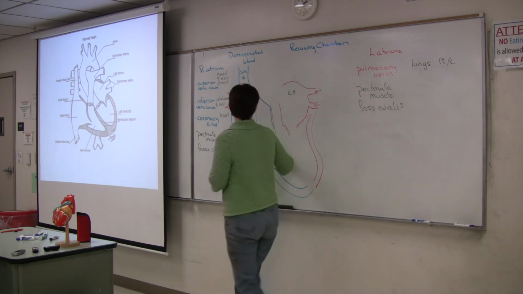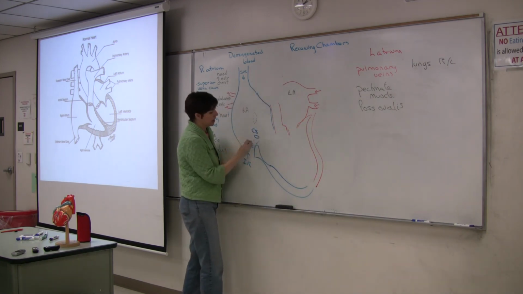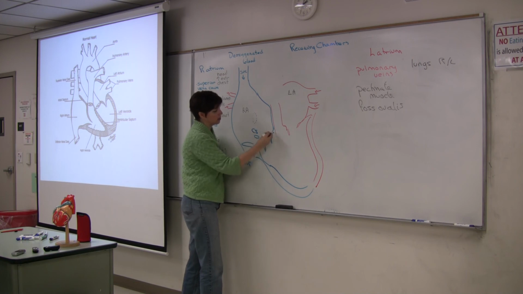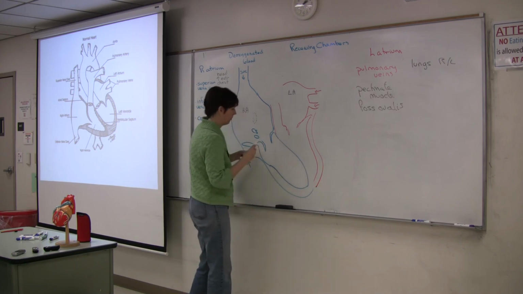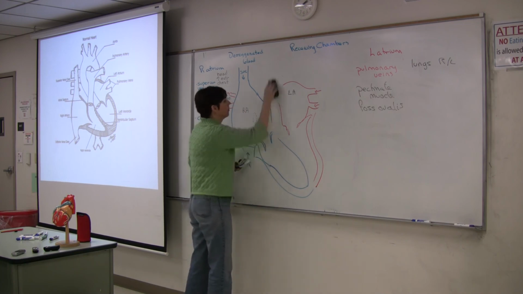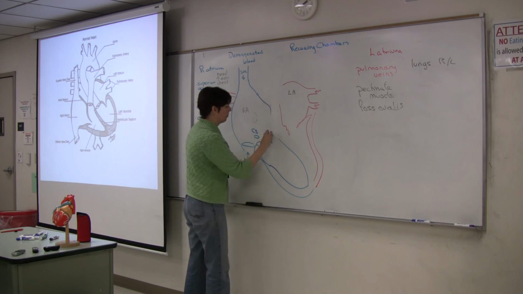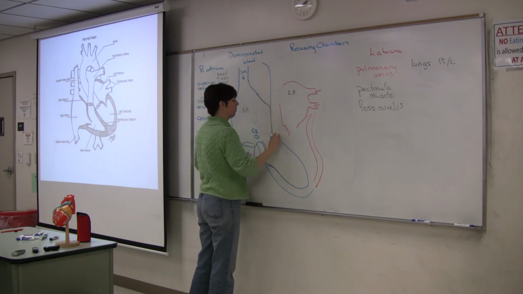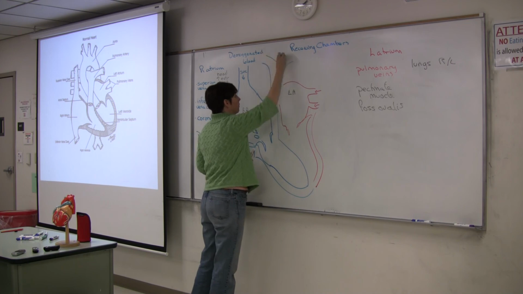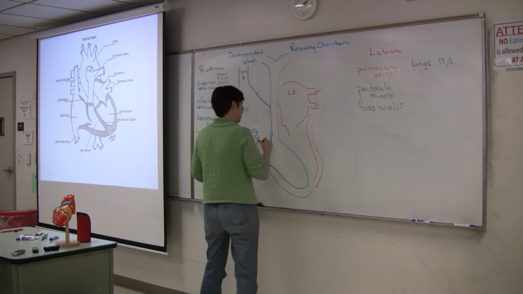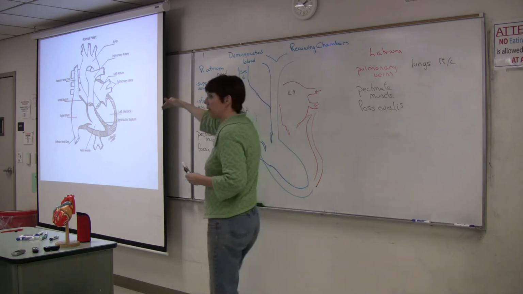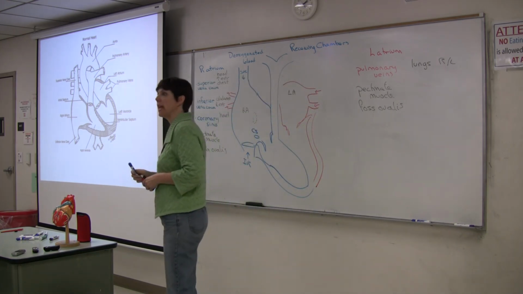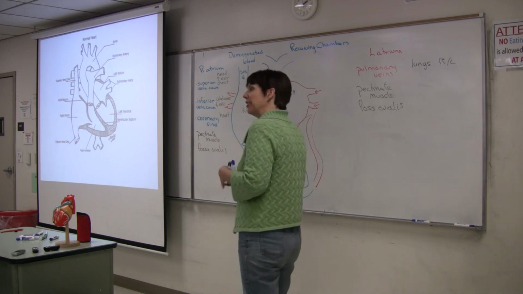On the right side, each valve has 3 leaflets. Just kind of drawing in 2 here. And so these leaflets, as valves, separate the atrium from the ventricle, so they're known as atrioventricular valves.